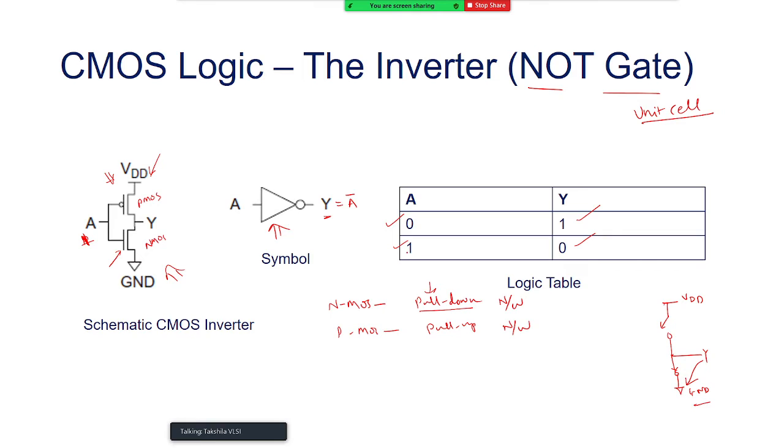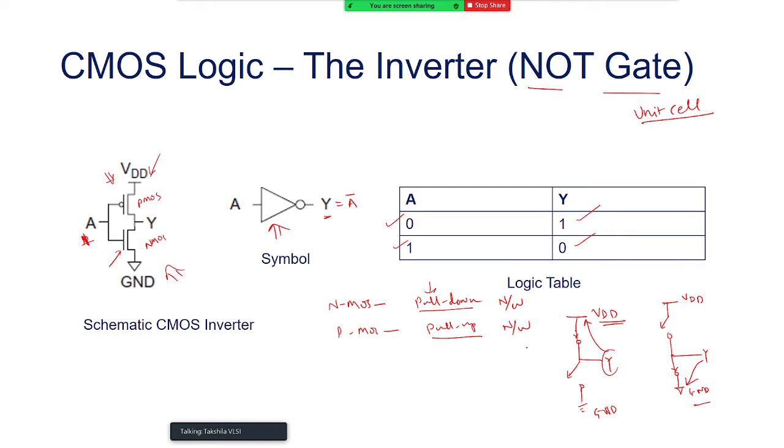When A was connected to logic 0, I would draw the circuit diagram like this. The PMOS got turned on and the NMOS got turned off. So that was the output, this is VDD, this is ground. The output got pulled up to the logic high level, that is VDD, and that's why I say that the PMOS was acting as a pull-up network.